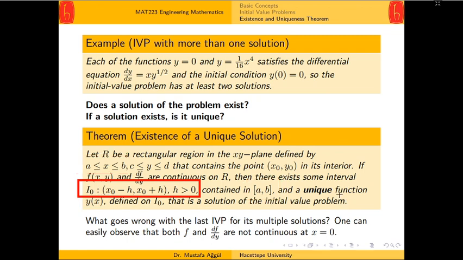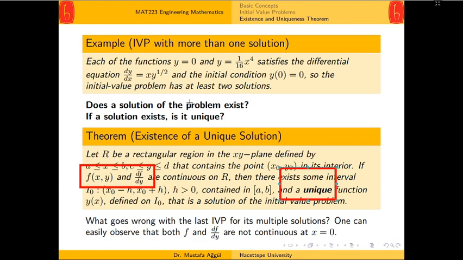So key points: a rectangular domain, and the right hand side function f and its y derivative have to be continuous. Then we have a unique solution.